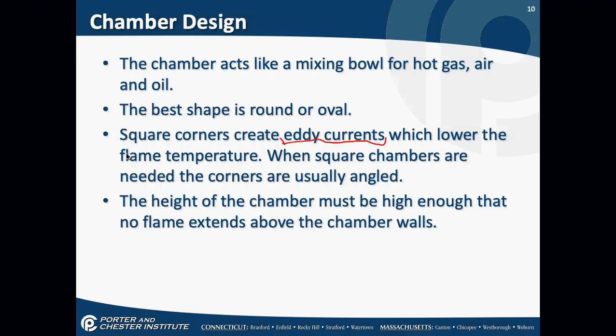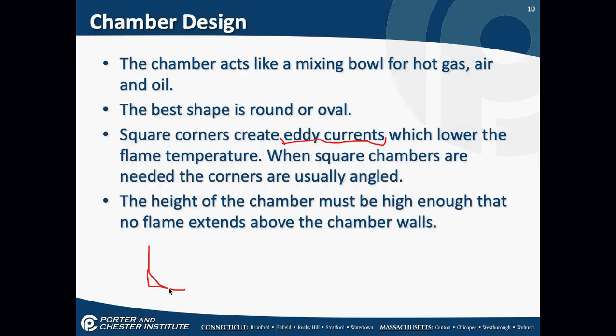When square chambers are needed, the corners are usually angled. We don't want anything that's a square corner, that's actually a 90-degree angle, because it creates eddy currents. Those are air patterns around those corners. We want to be able to angle the corners, so sort of round them.